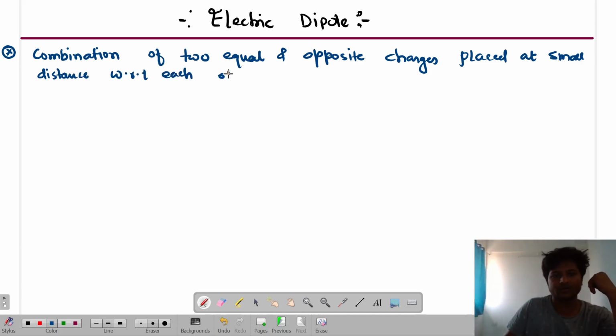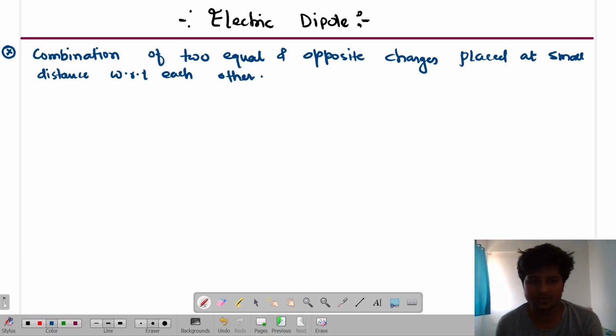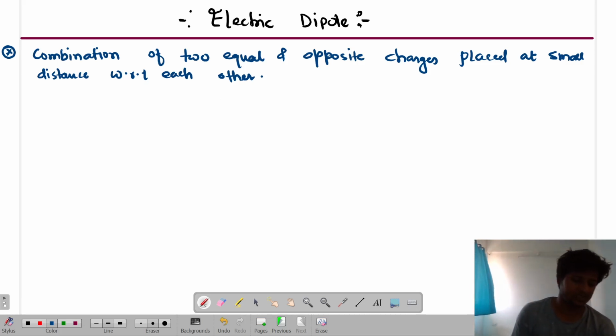Are you able to get me or not? Then this system is called a dipole system. When two equal and opposite charges are placed at a small distance with respect to each other, we call it an electric dipole. Are you able to get me or not?